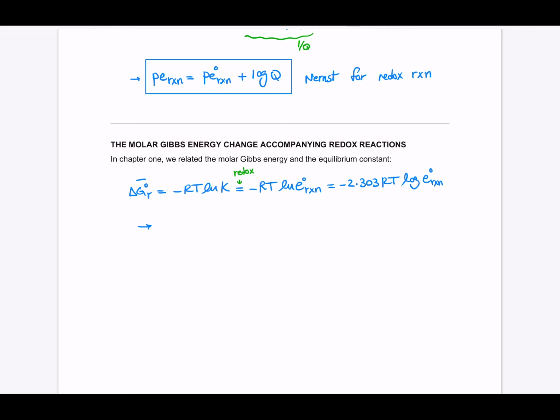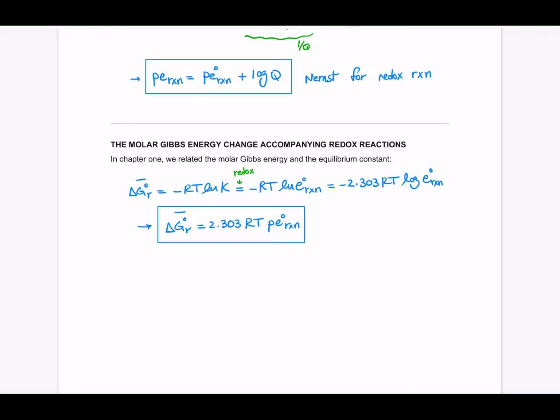Or we can make it in P form, so delta G0 of reaction would be 2.303 RT PE0 of reaction. Again, this is also very useful because you can calculate delta G for a redox reaction at the standard condition by looking at tables, figuring out what's E0 for oxidation, what is for reduction, then oxidation minus reduction to get to that reaction. And then this would be pretty straightforward.